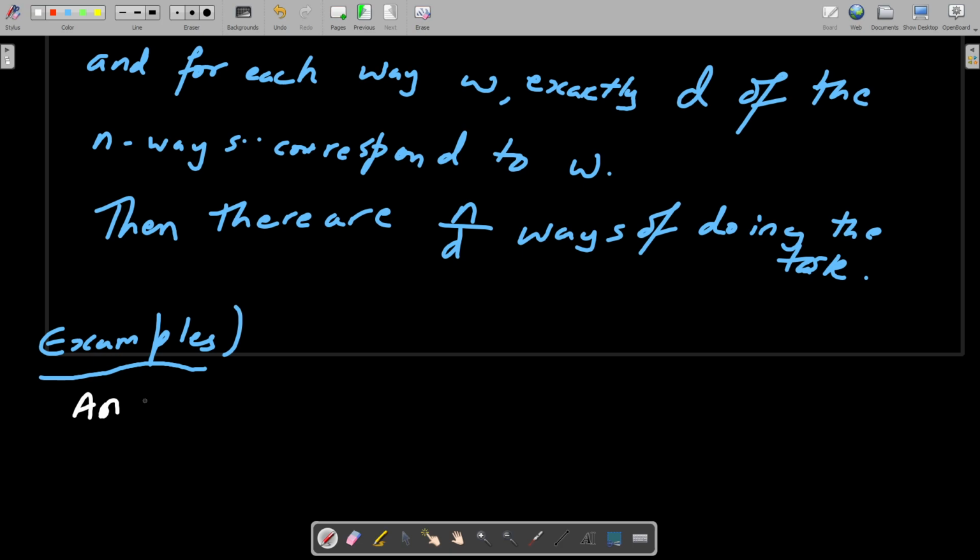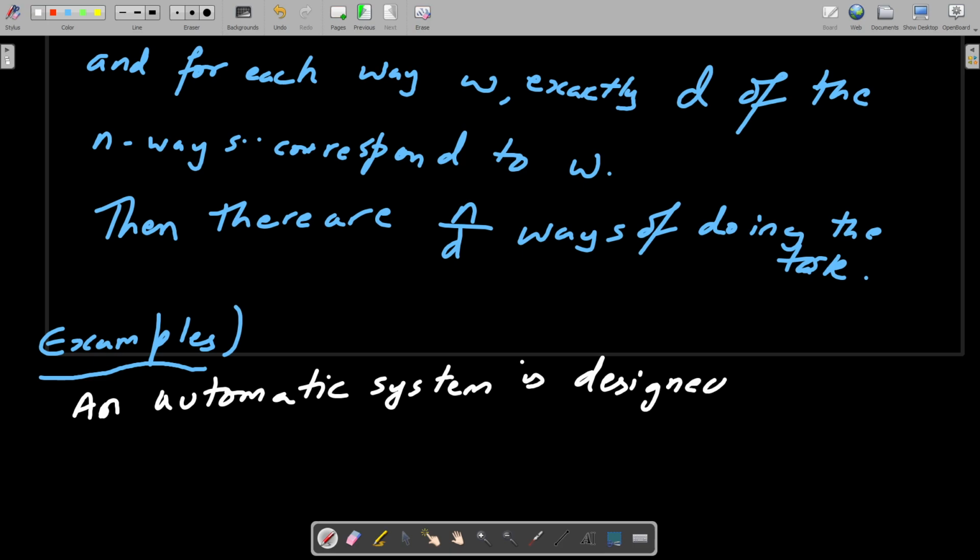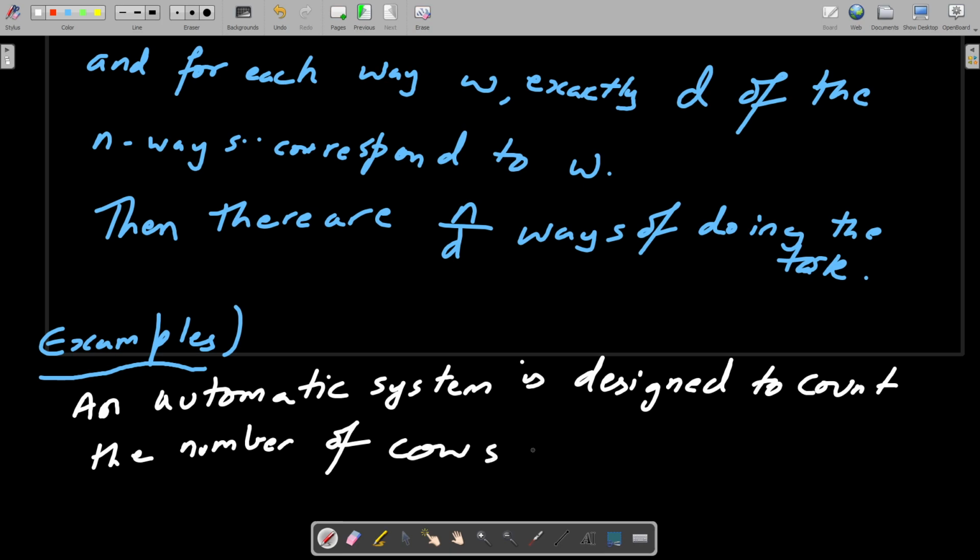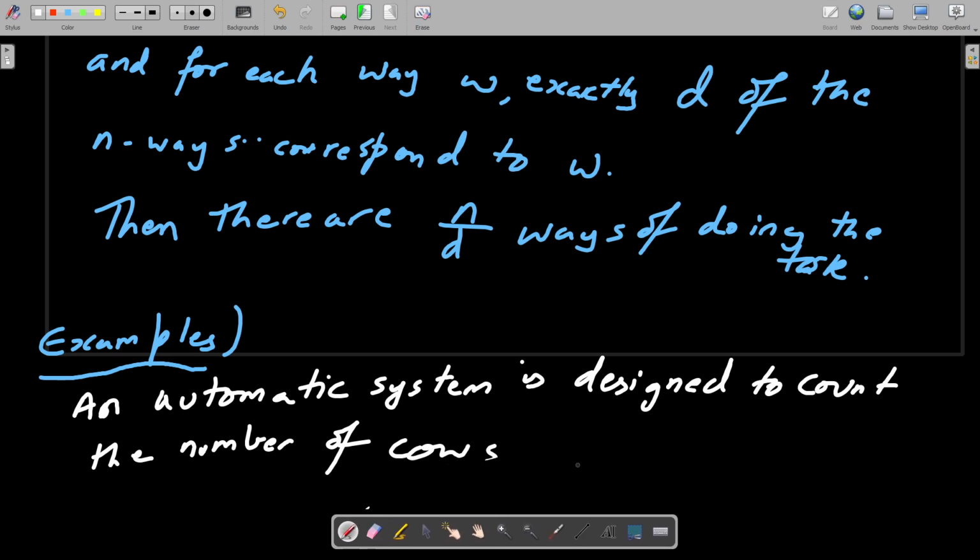An automatic system is designed to count the number of cows on a farm.